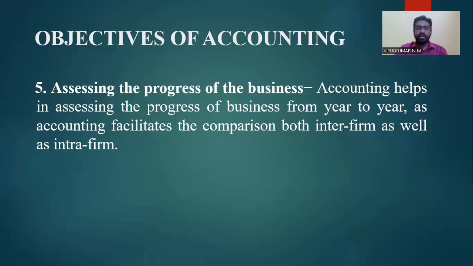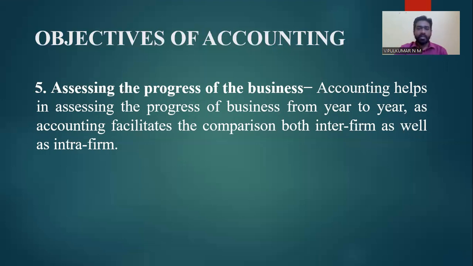The fifth objective is assessing the progress of the business. Accounting helps in assessing the progress of the business from year to year, and accounting facilitates both inter-firm as well as intra-firm comparison. The progress of the business can be understood by evaluating the financial statements like the income statement and position statement.